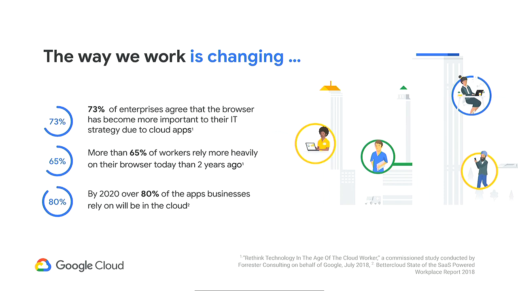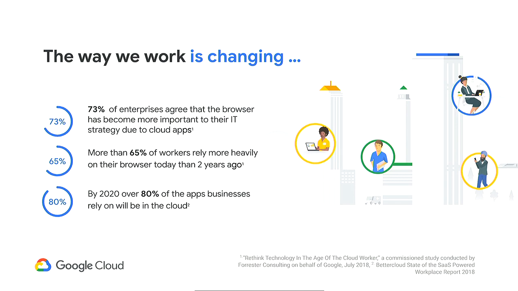So the way we work has been changing, and is changing more and more rapidly. A big part of that is actually the evolving role that the web has to play in enterprises today. Software as a service is increasingly being adopted as part of the solutions that businesses need to deploy to be effective.